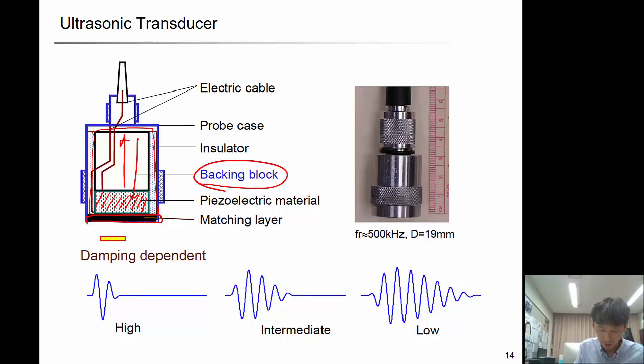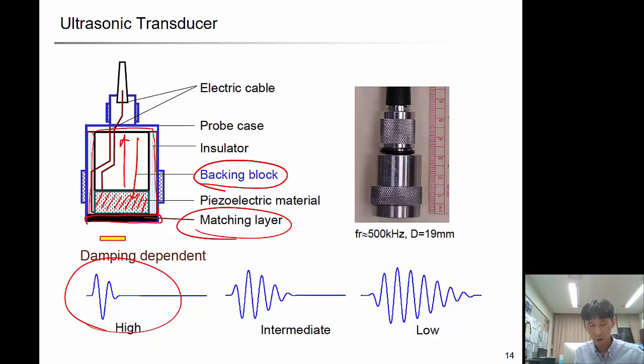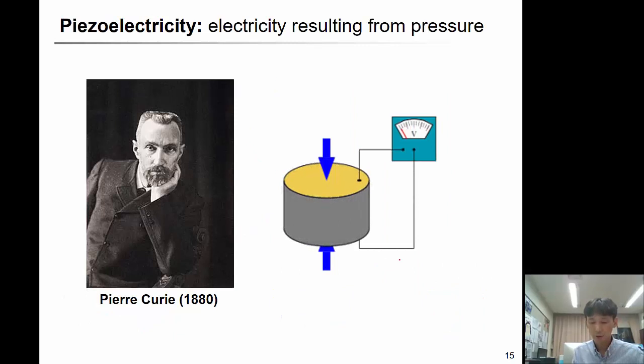If the damping layer is high, then your excitation or the generated P wave or the ultrasonic wave will be shaped like this. And if this matching layer has low damping, then the generated wave will be like this. This kind of ultrasonic transducer or the piezoelectric material shows this kind of behavior or characteristic. So when you apply force, it generates electricity.